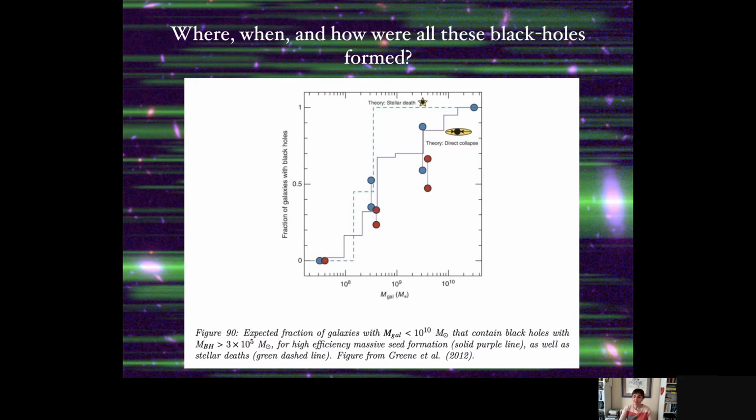So we've mentioned that there are all those black holes, but where, when, and how were all these formed? So this plot shows you the various scenarios that can lead to the observed distribution of black holes and their host galaxies.